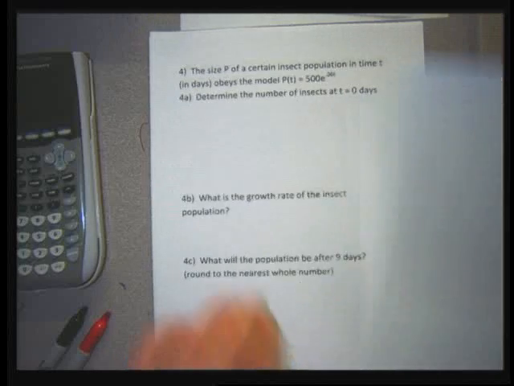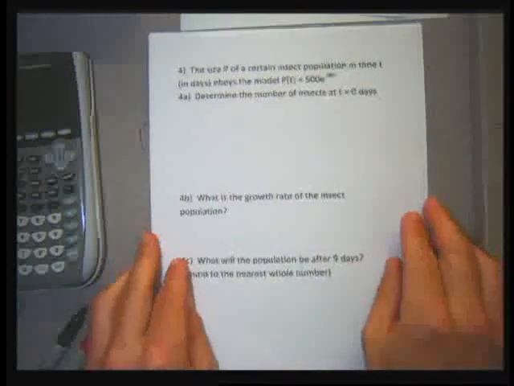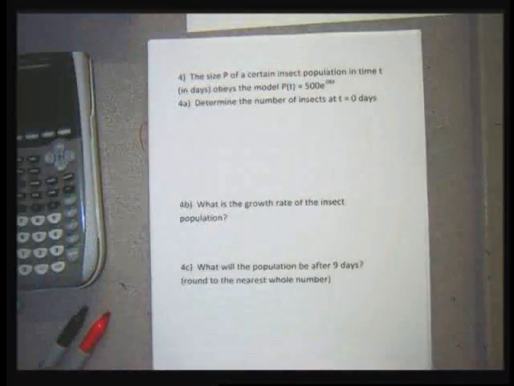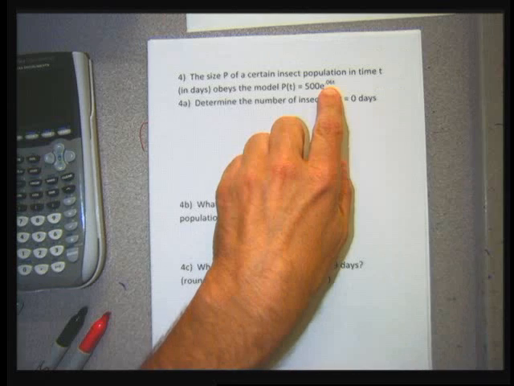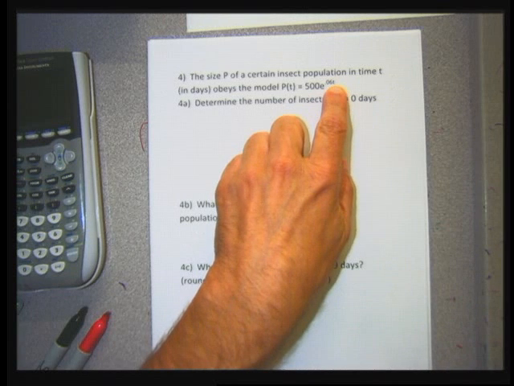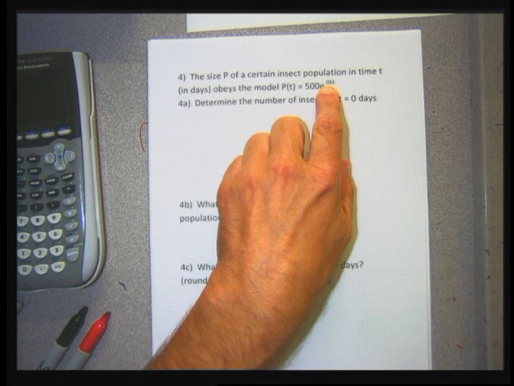Problem 4 is the same style of problem, where it gives me an equation that models something, and it's an exponential growth equation. It's an exponential equation because the letters are in the exponent, and the population is growing because the number to the left of the t is positive. So this is considered an exponential growth word problem.